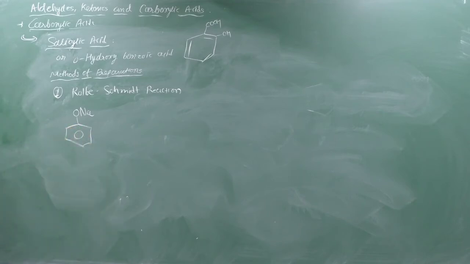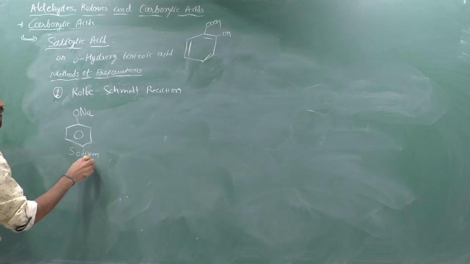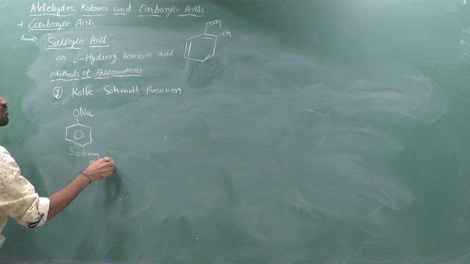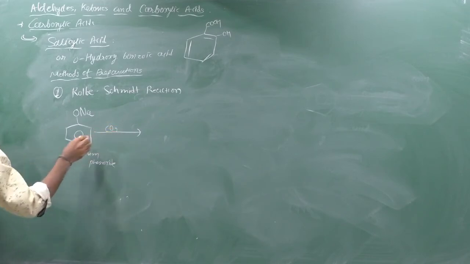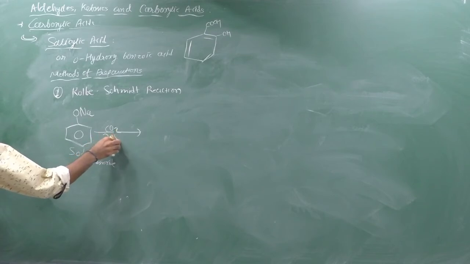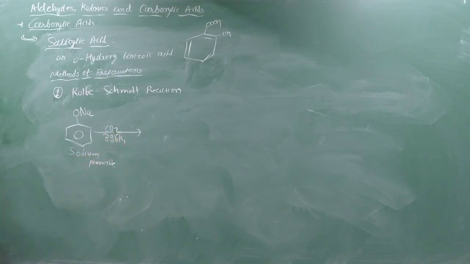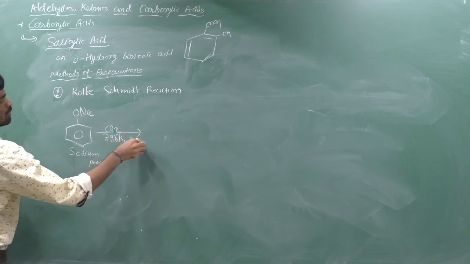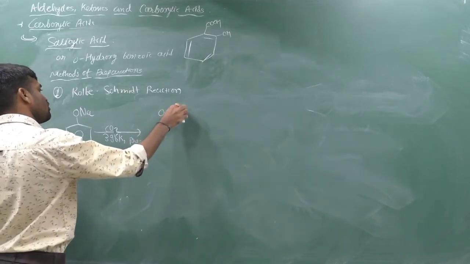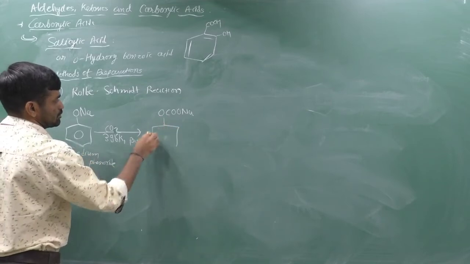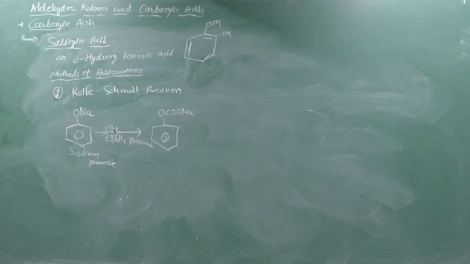Starting material is sodium phenoxide. Then sodium phenoxide is treated with CO2, carbon dioxide, at 398 Kelvin temperature and high pressure. We can firstly have O=C=O and ONa, which is nothing but sodium phenyl carbonate.